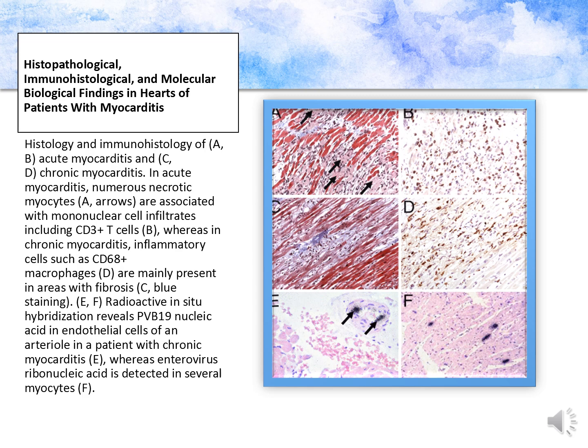We see areas of dystrophy and necrosis, and radioactive in situ hybridization reveals PVB19 nucleic acid in endothelial cells of an arteriole in patients with chronic myocarditis, whereas enterovirus ribonucleic acid is detected in several myocytes.